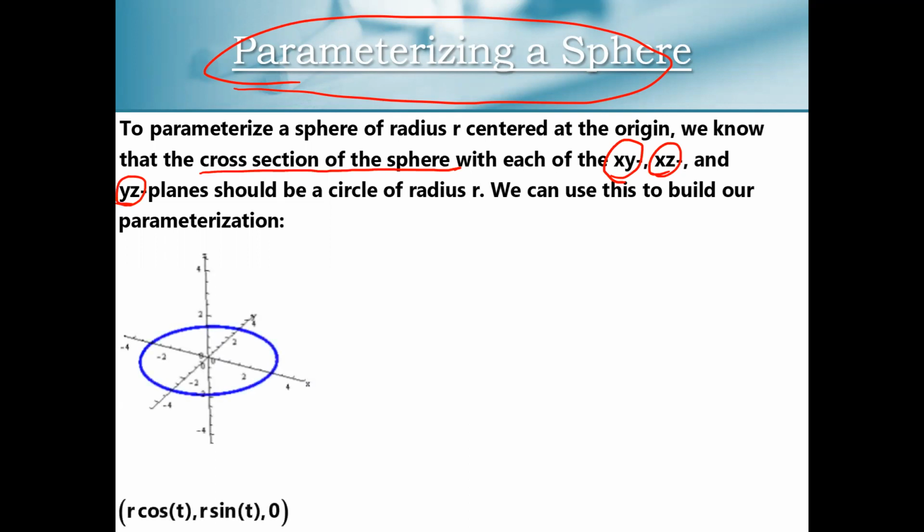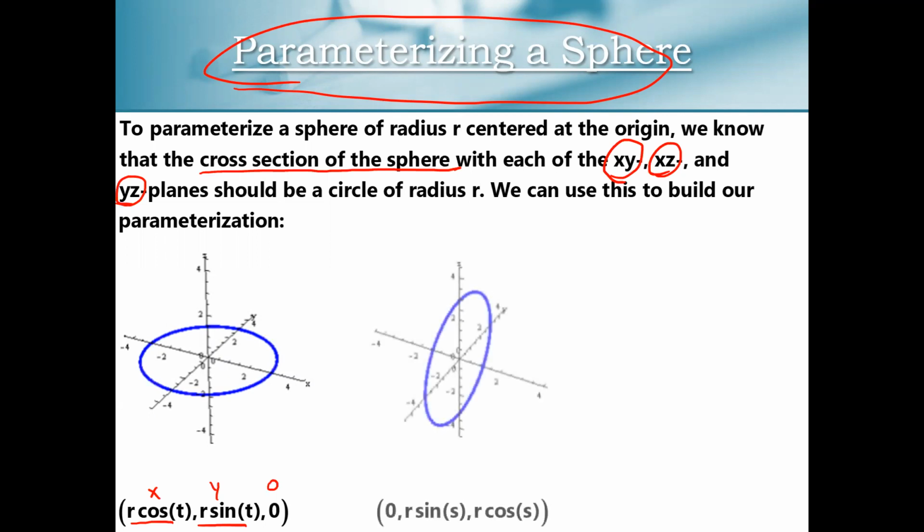So we'll start with our cross section that intersects the xy plane, and we get that by placing a cosine in the x position and a sine in the y position, and then we have obviously a 0 in the z position. So we have r cosine t, r sine t, 0. Similarly, we can get our cross-section of our sphere with the zy plane.